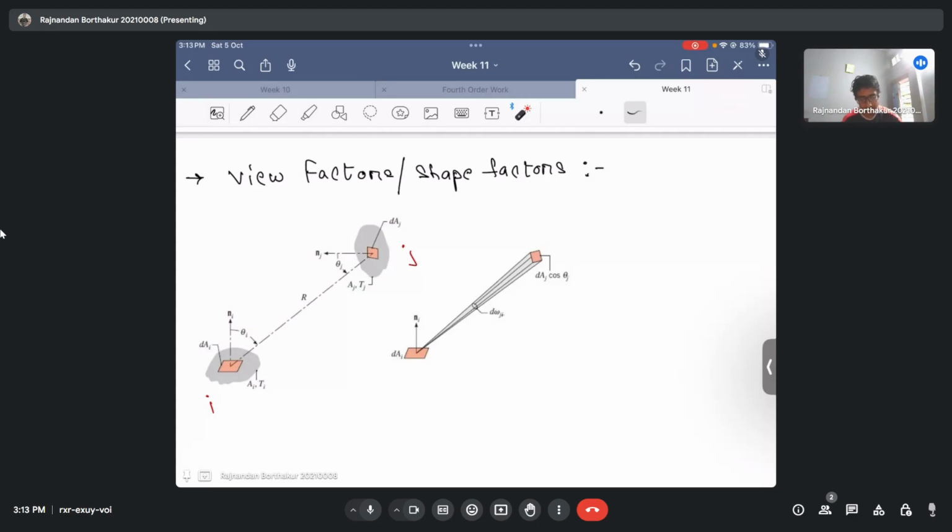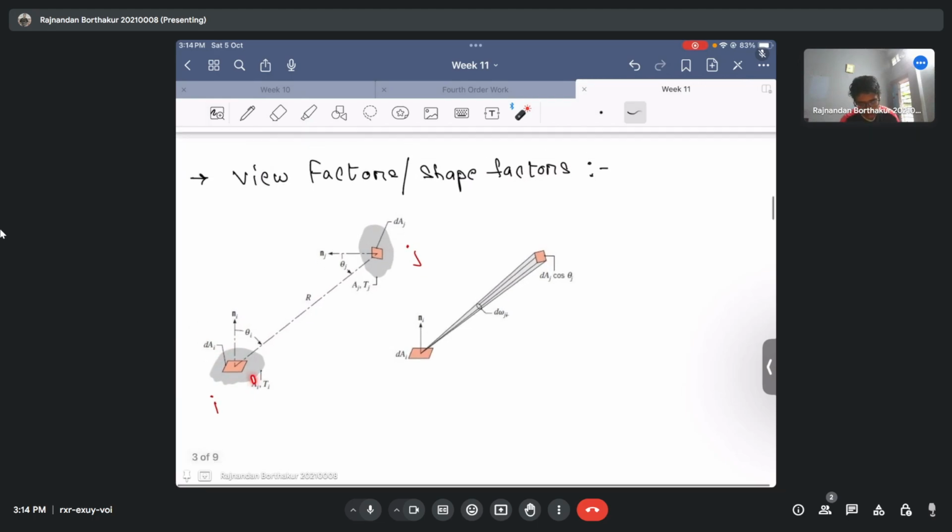This ith surface is a diffuse surface, and you can also assume the jth surface to be an equally diffuse surface. The total area of the surface whose differential area is dAi is Ai, and its own temperature is Ti. The separation distance between the centers of these two surfaces is given by R, and the corresponding angles that the normals of the surfaces make with the position vector connecting the centers are theta i and theta j.